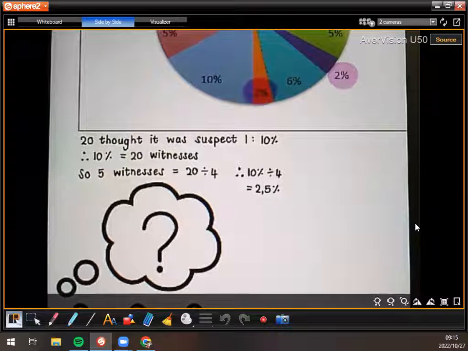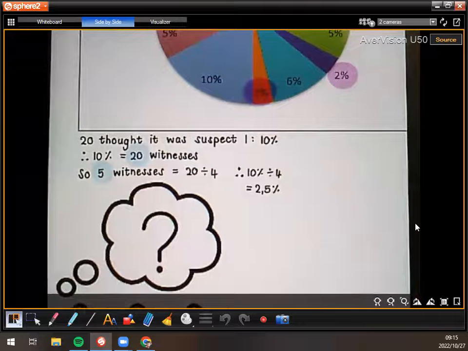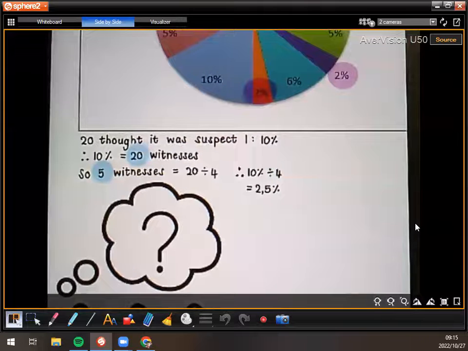Now I need to look on the pie chart for where we have less than 5 witnesses, so I want to change 20 to 5. What can I do to 20 to get to 5? I have to divide by 4. We all know that 20 divided by 4 is 5.